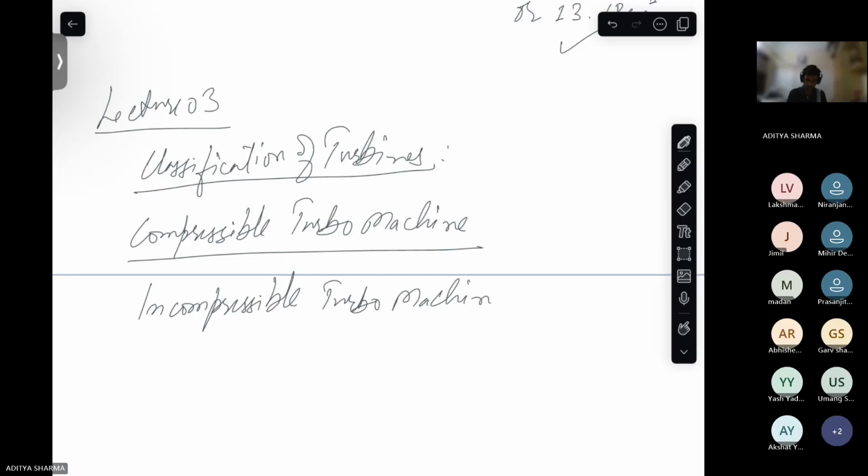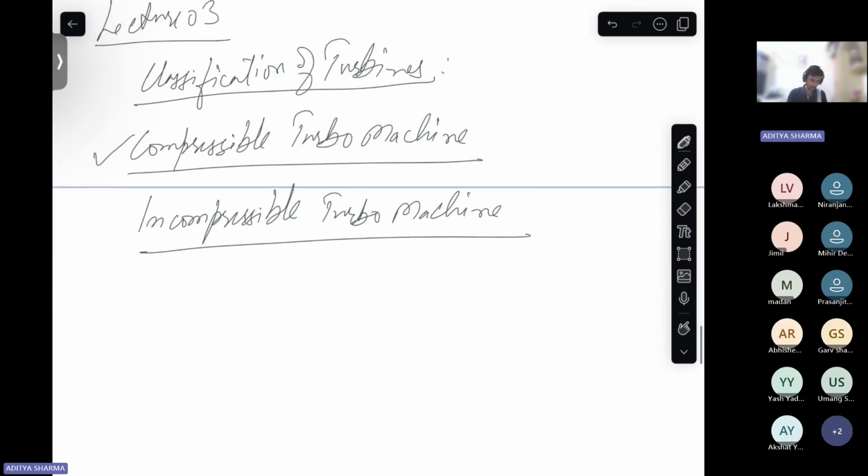Hydro turbines basically are incompressible, but the compressors and turbines we use in aircraft come under compressible turbo machines.